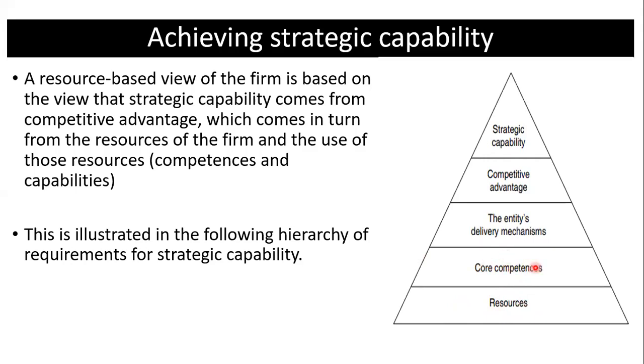These core competencies will enable the entity to deliver on its operations very well. That would give them a competitive edge over their rivals, and thus eventually would give the organization what we call the strategic capability. So this is how you achieve strategic capability.